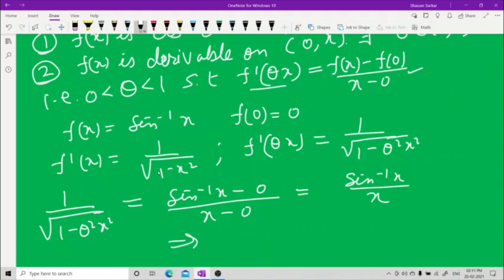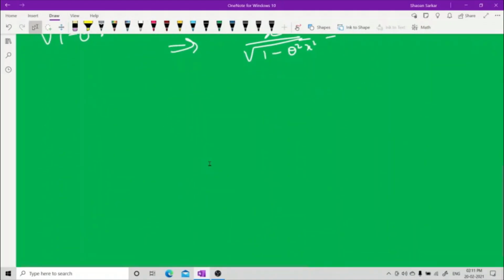Cross multiply: x upon under root 1 minus theta square x square is equal to sine inverse x. Now, number 1 point.